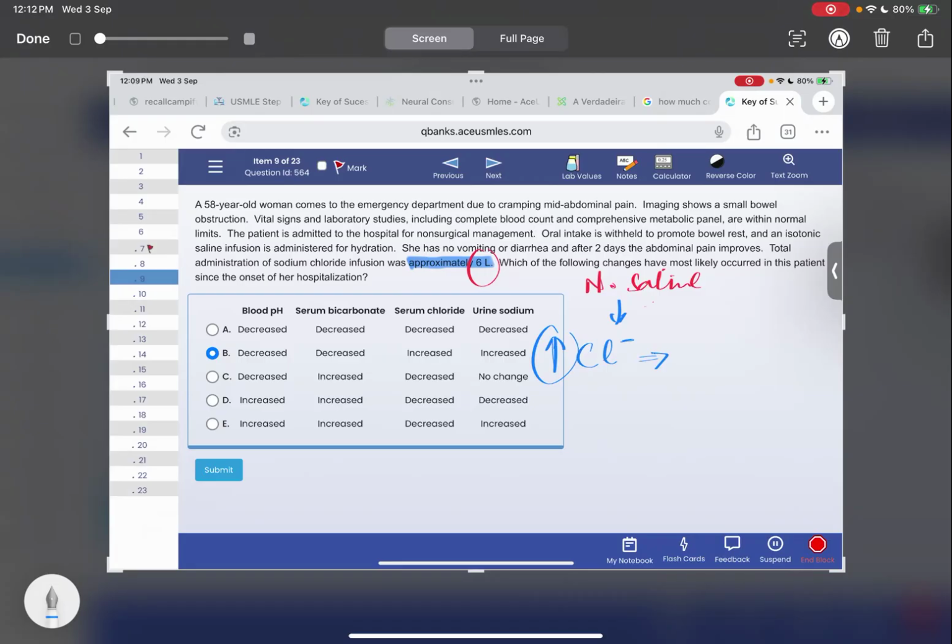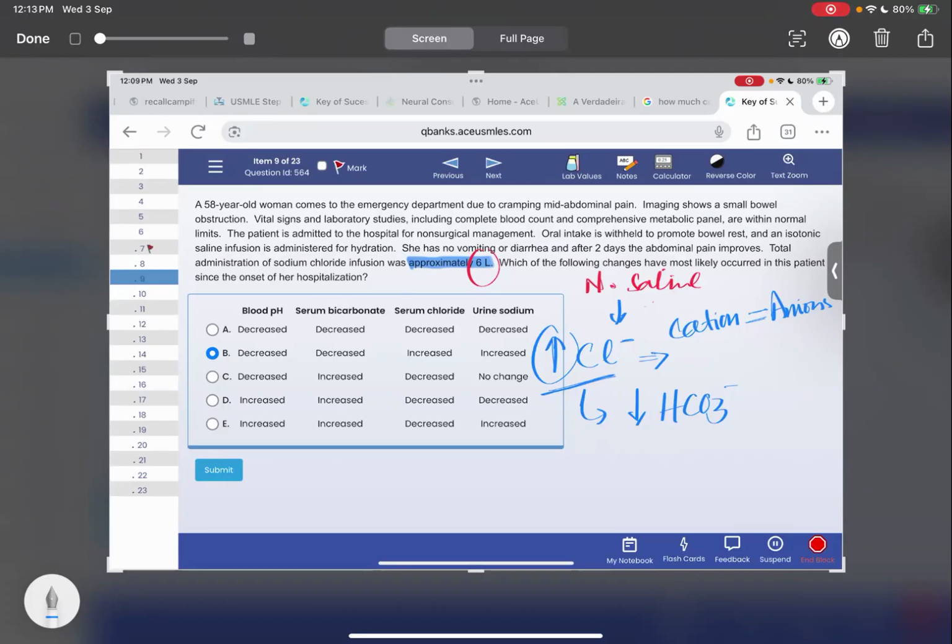What is happening now is that in plasma the cations are balanced by anions. Got this? So whenever we have an increase in chloride, we will have a decrease in bicarbonate.